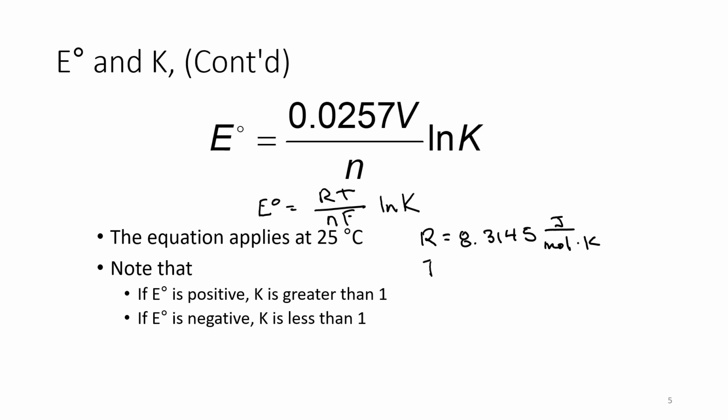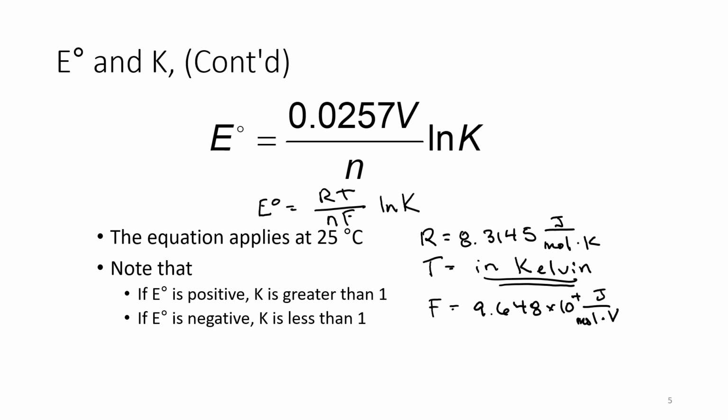Our temperature has to be in Kelvin. And our F is our Faraday constant, which happens to be 9.648 times 10 to the 4th joules per mole volts.